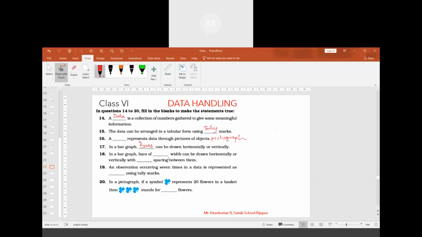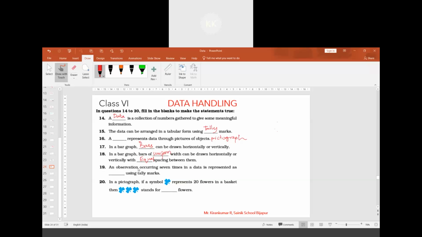Statement 18. In a bar graph, bars of dash width can be drawn horizontally or vertically with dash spacing between them. There should be equal spacing, and the bars should be uniform. Uniform width should be there.